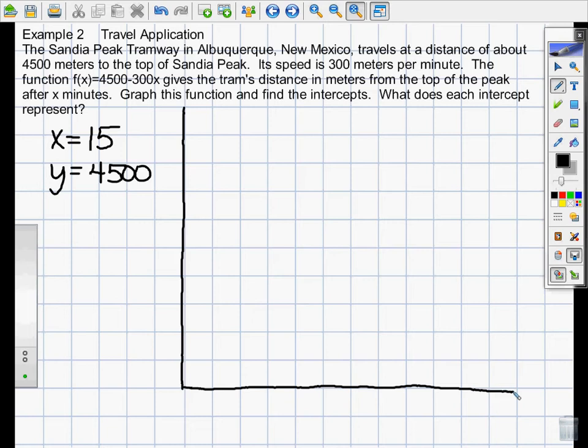I know clearly that x is time. So we want to label this axis time in minutes, okay? Because our tram is traveling up a mountain. So we're at the bottom of the mountain and we're going up a mountain to the peak of Sandia Peak.